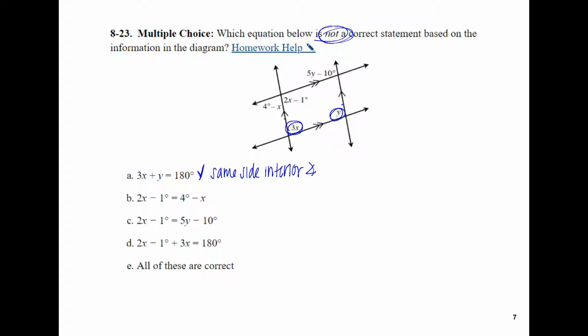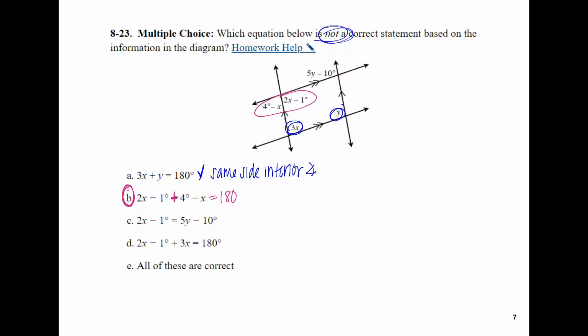B says 2x minus 1 is equal to 4 minus x. Well, I do not think that these are equal to each other. I think that if you add them, they're equal to 180. So I think B could be incorrect.